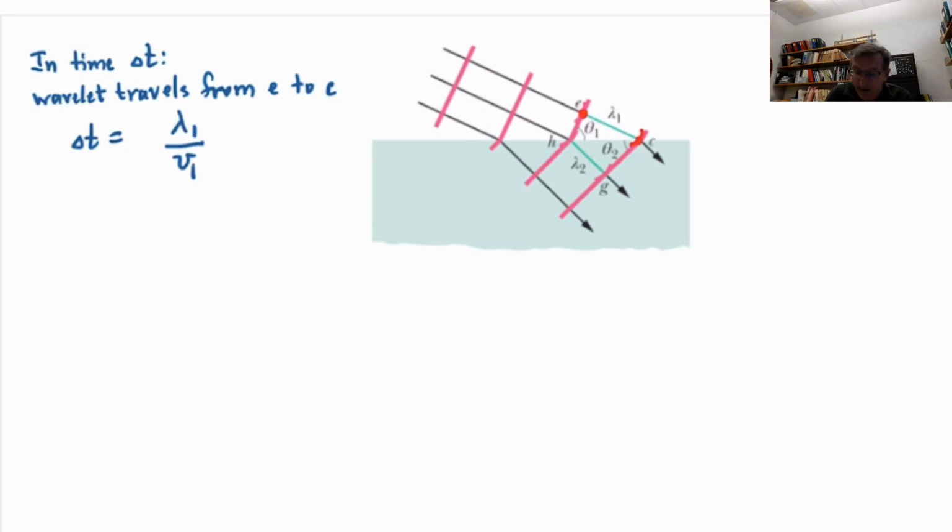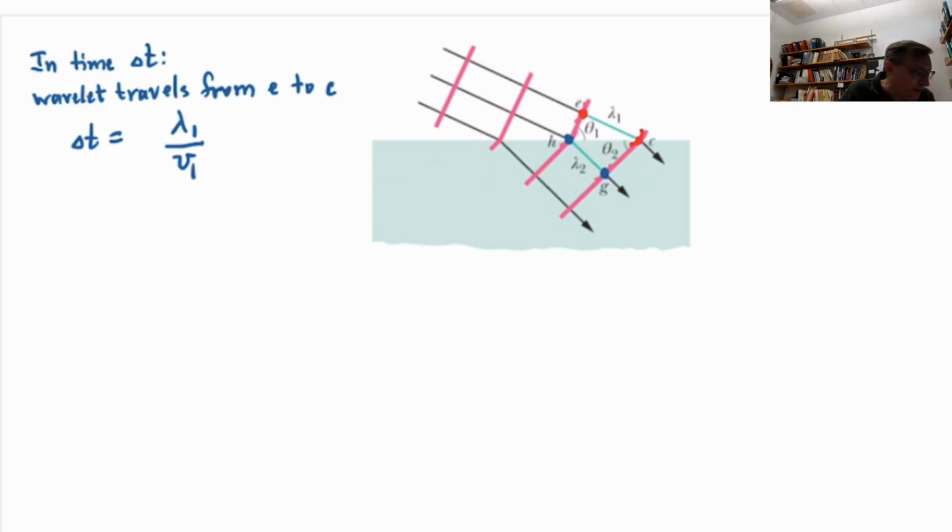Now in that same time, this point, H, on the wavefront, is sending out a spherical wavelet, but part of it is traveling in the glass, at least the part of it that reaches point G there. Distance lambda 2, wavelength in glass, but in the same amount of time.